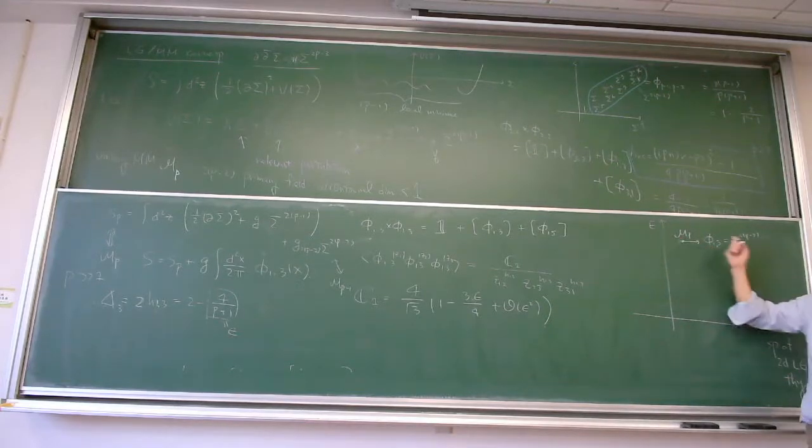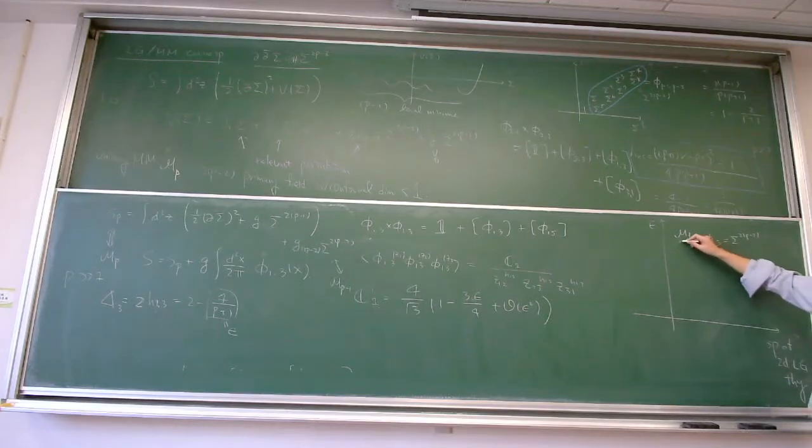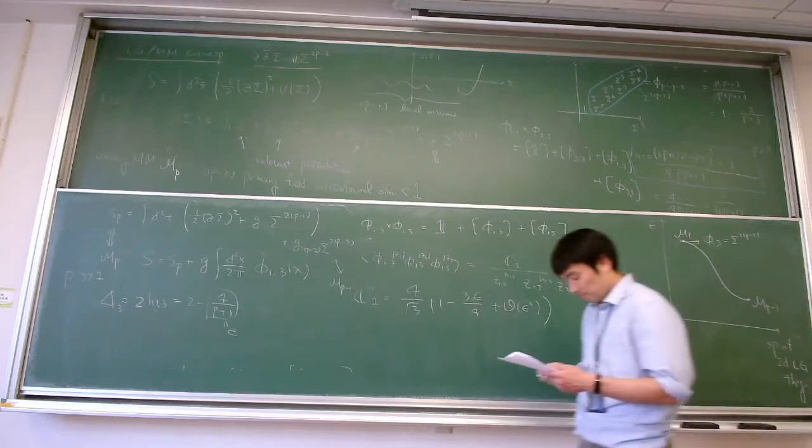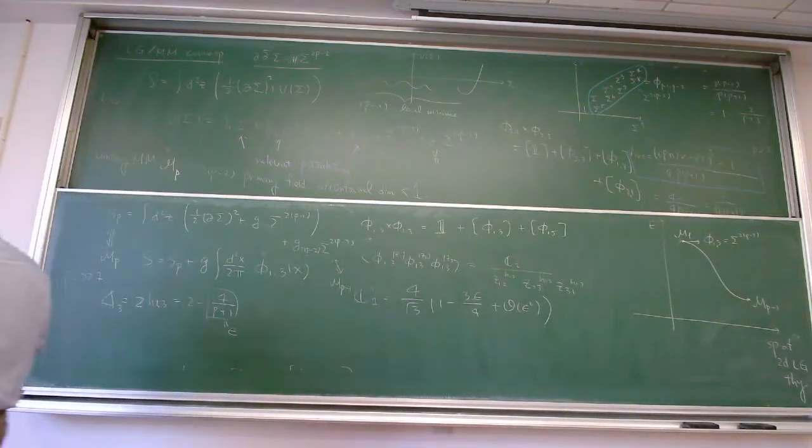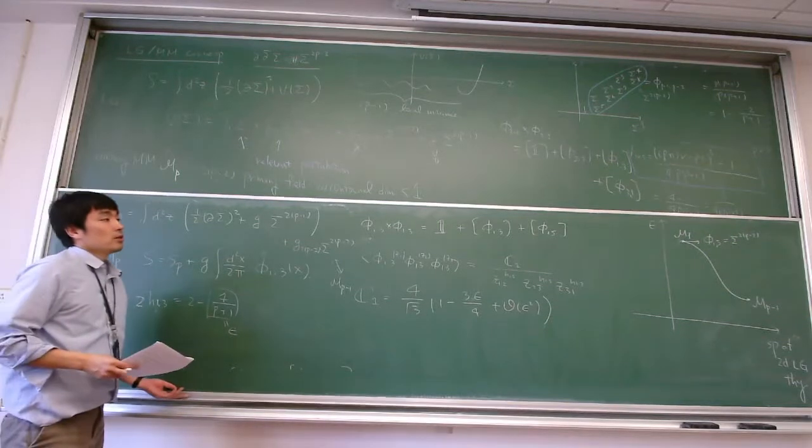You deform the theory, and then it goes under RG flow. And what we want to check is that the fixed point is M_{p-1}, by Zamolodchikov's analysis. That's what we want to check.